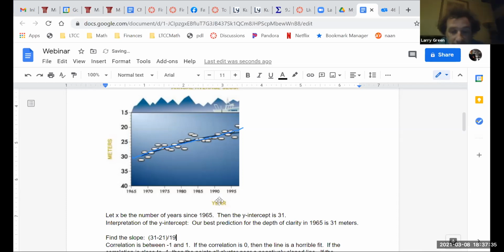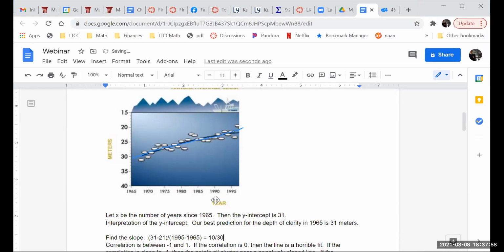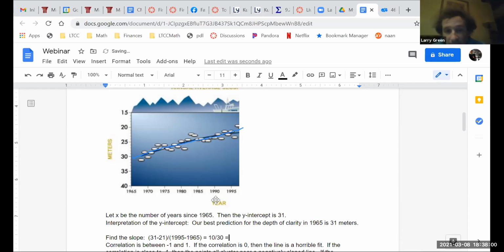And I'm going to write 1995 minus 1965, just so we can see it. But it's also 30 minus 0 because our x is how far from 1965. If I do that, it's pretty easy. 31 minus 21 is 10. And we said the bottom was 30. 10 over 30 is 1/3.